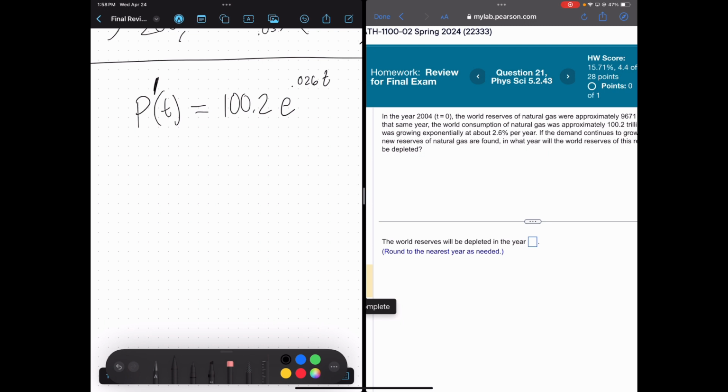My integral is going to give you my total consumption over a certain number of years. So what do we want to do here? How do we want to set this up? Based off of that, how are we going to set this thing up?